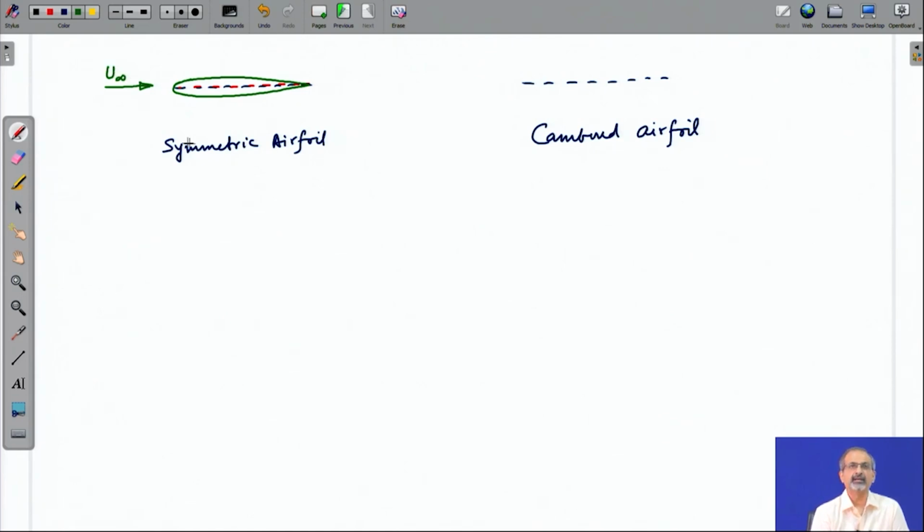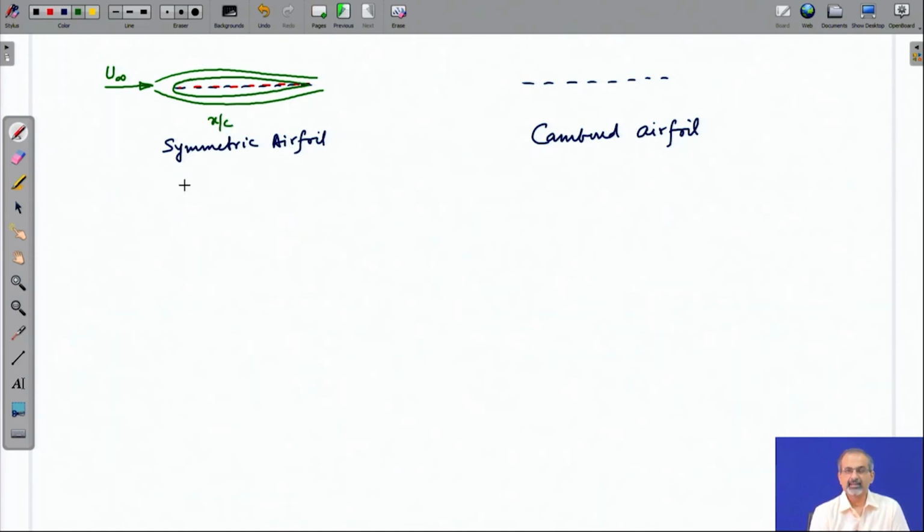So, this is like a uniform flow approaching a symmetric airfoil, and you can now understand that to the flow this geometry will look absolutely symmetric about the chord, and therefore, the streamline pattern will be identical above and below, or rather kind of mirror images, and that would end up producing identical pressures on the upper and lower surface corresponding to a particular x by c.